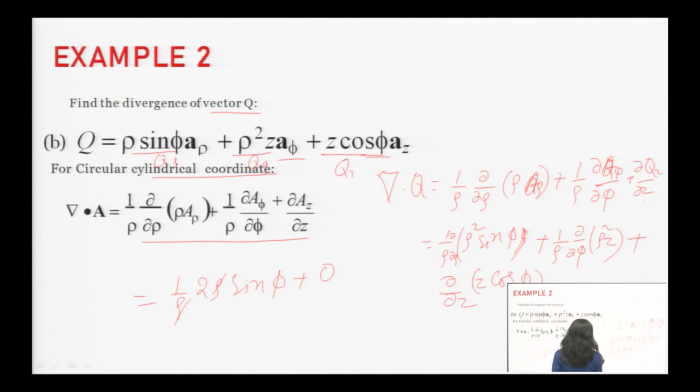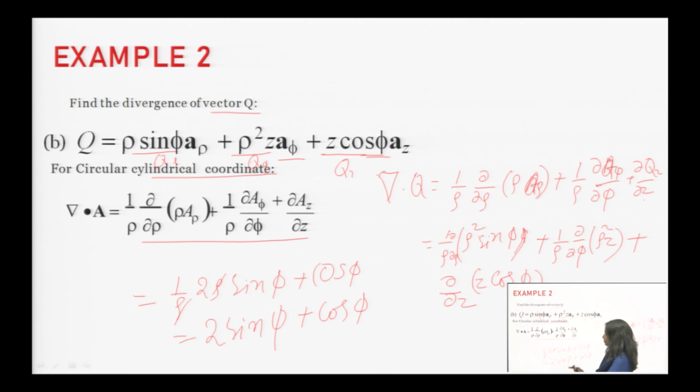Now here we can see that differentiation of z cos phi with respect to z will give cos phi, as the differentiation of z term will be 1. So the final answer is 2 sin phi plus cos phi. This is the final answer of this problem.